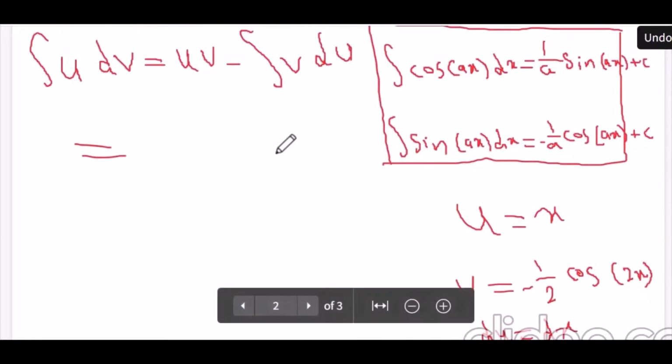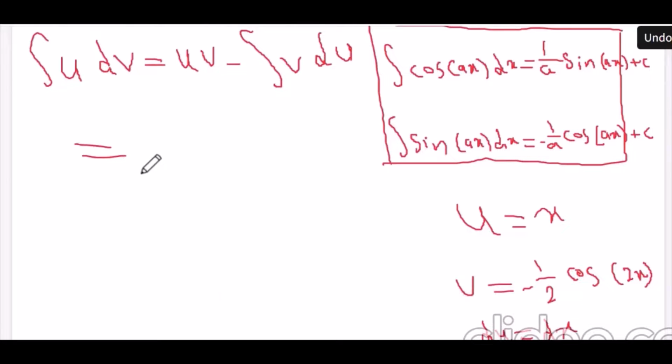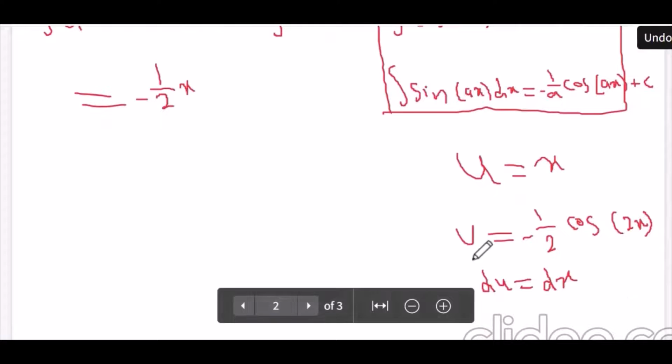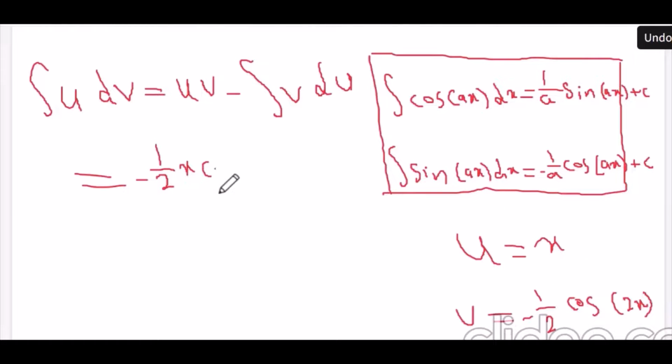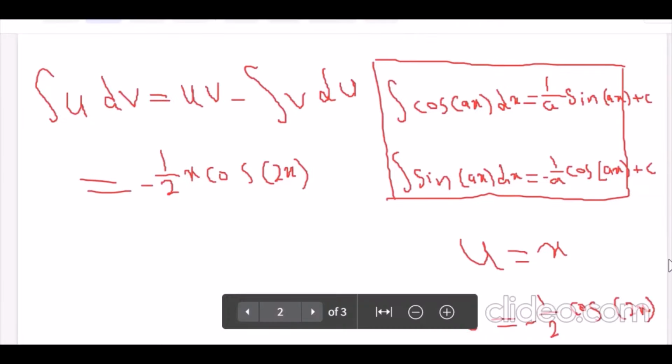We have to put the coefficient first. So it's going to be minus 1 over 2. Then I'm going to put the x. Then I'm going to complete the rest of the v, which is cosine 2x. So here we have the integral, but I have to put 1 over 2 before the integral.